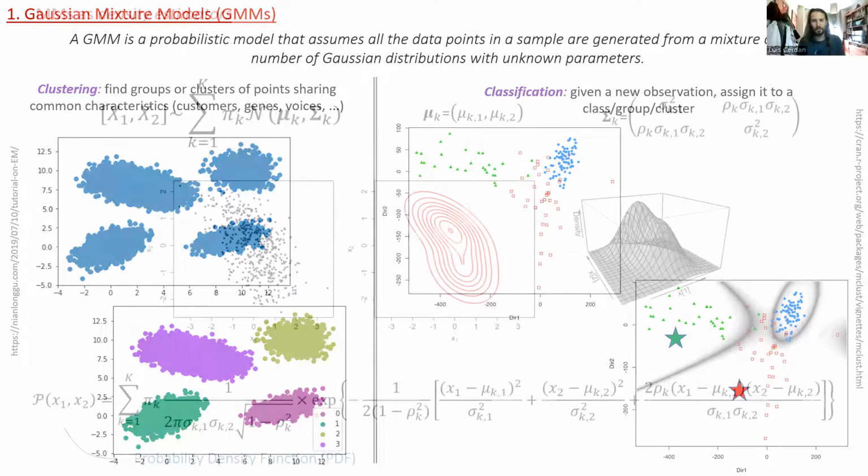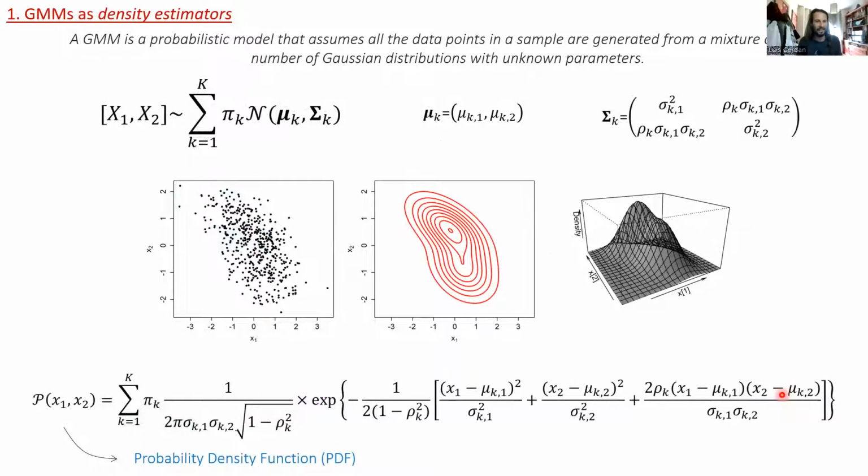But we are most interested in the density estimation capabilities. In this sense, what Gaussian mixture models allow you is to know the probability density function underlying this distribution of points, or the other way around, to know the distribution from which these points have been drawn or sampled.